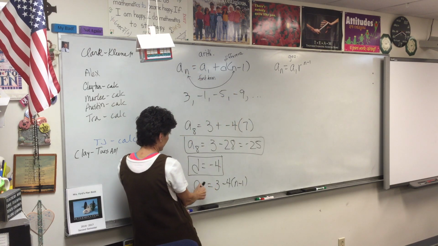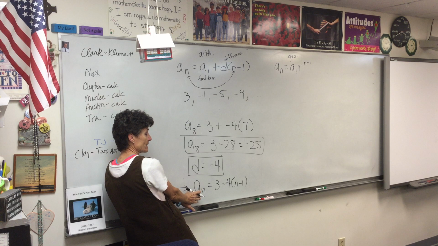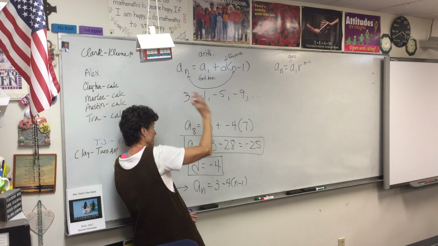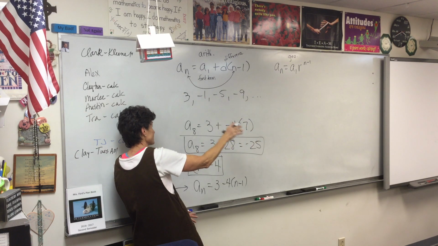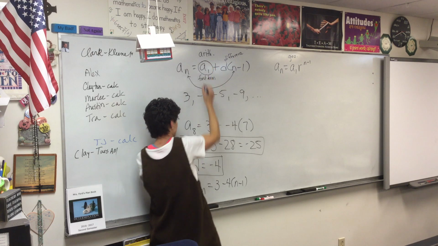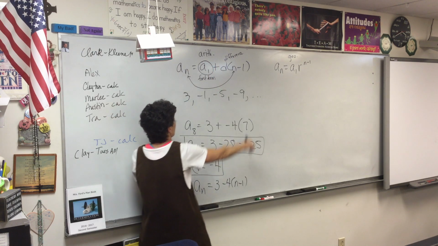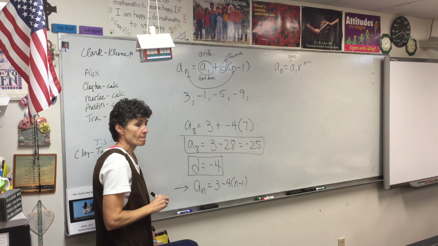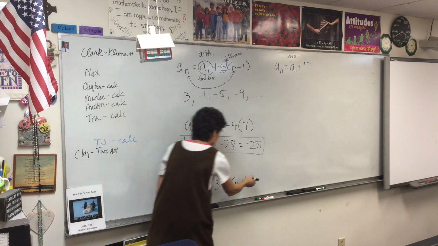So all I'm doing for this problem where it says find a sub n is taking my formula, which will be given to you. You don't need to memorize it. Here it is. And I'm plugging in what I know as the first term and what I know as the common difference. Now I'm going to simplify that.